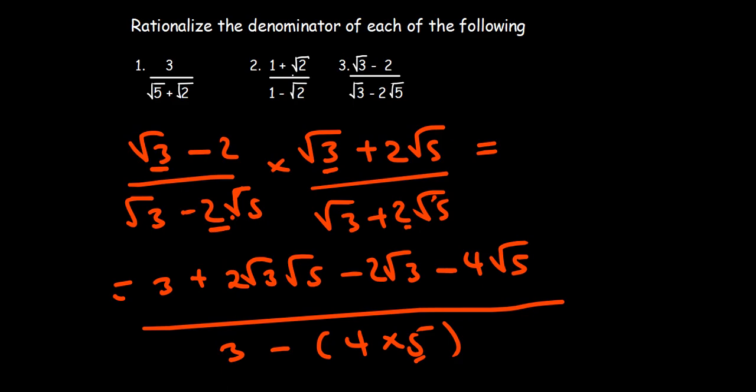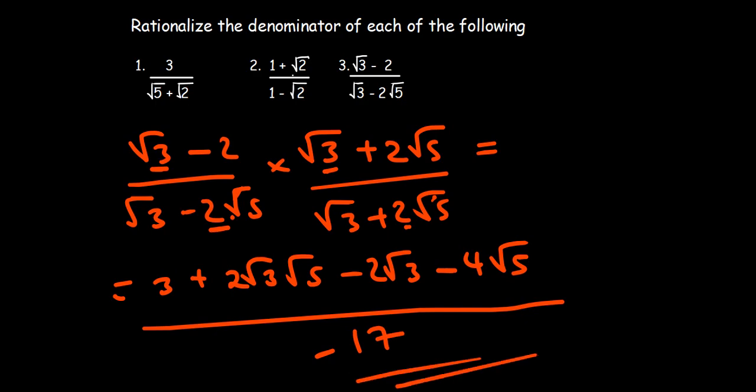The numerator will remain the same, but my denominator, when I work that out, gives negative 17. So your final answer will just be over negative 17. That's how we have removed the root in the denominator, and that's how we rationalize.